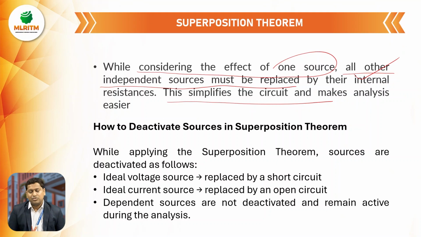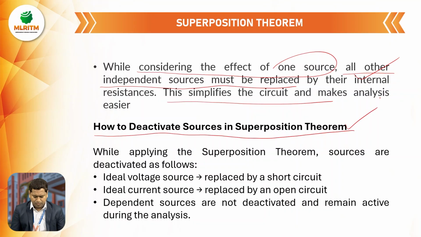The point to be noted is, if two independent sources are considered, one independent source is acting alone and the other independent source is replaced by internal resistance. The superposition theorem works when there is more than one independent source.